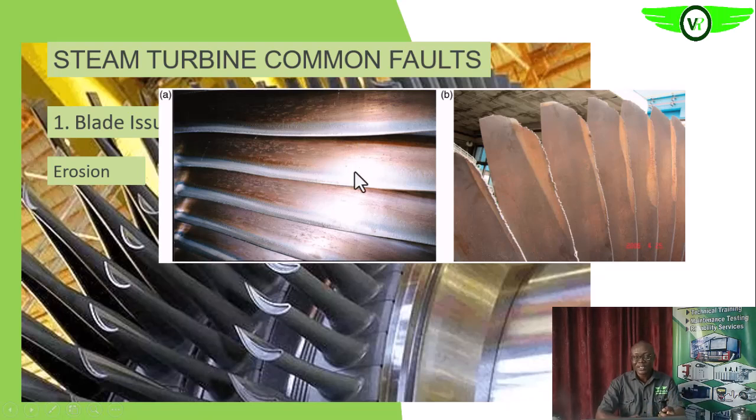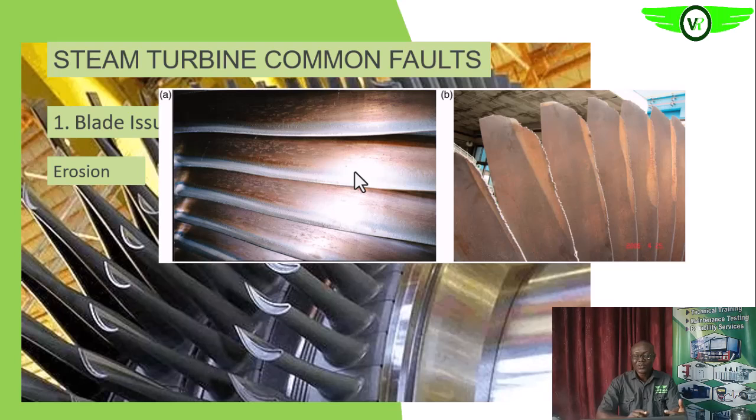Are we getting it? Then also, if your steam is not pure, we have some debris in it that can cause erosion like this. Or if we have precipitate, that is soluble salts precipitating out of the steam, that is, the water that is sent into your boiler is not properly demineralized.